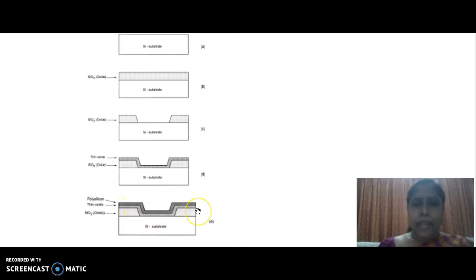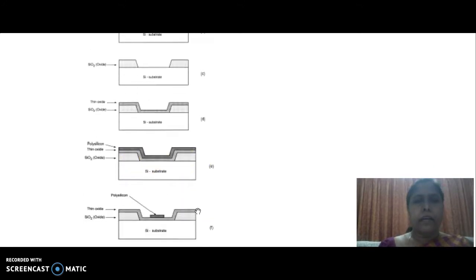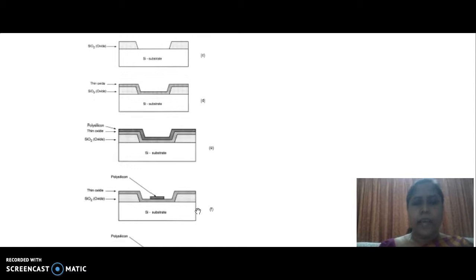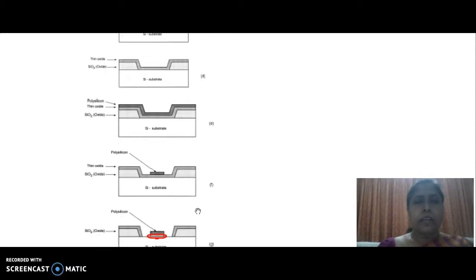So the gate region is patterned from polysilicon with the help of a photoresist layer, using the photolithography process, chemical etching and a mask. We can pattern gate structures, and once the gate structure is patterned, we can see the gate here placed over the thin layer.